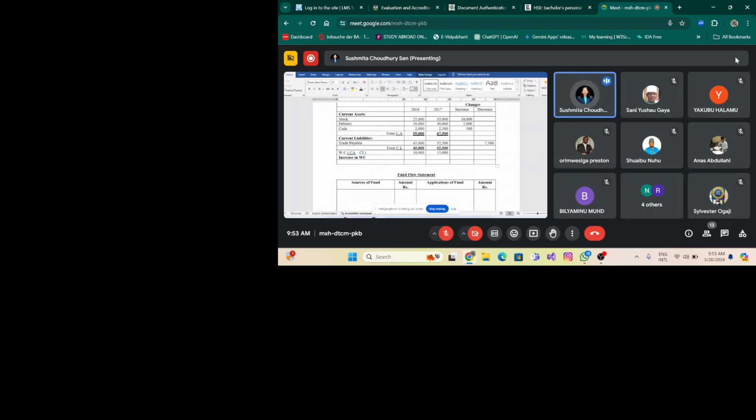Now here we can observe these two figures and identify that in 2016 the requirement of working capital was only 10,000. That means by investing 10,000 rupees the company was able to run the business successfully. But in 2017 more money has been required, and how much more is required? That is 5,000 rupees.